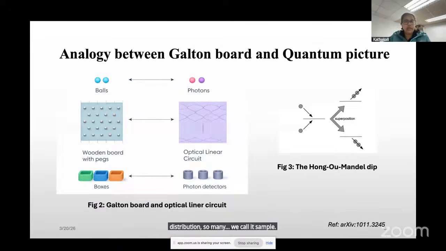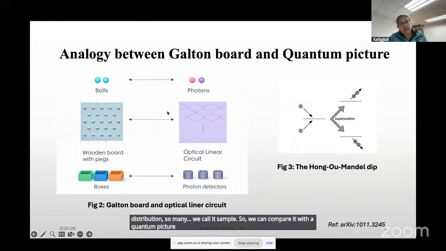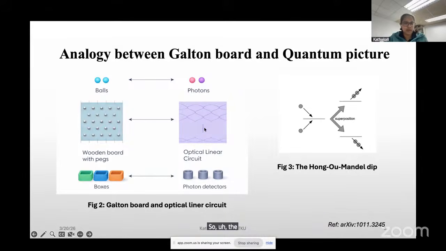We can compare it with a quantum picture. In the quantum picture, the balls are photons, indistinguishable. I produced this picture from ChatGPT, and it gave different colors; it should be the same color. Anyway, the pegs we compare with beam splitters or phase shifters.